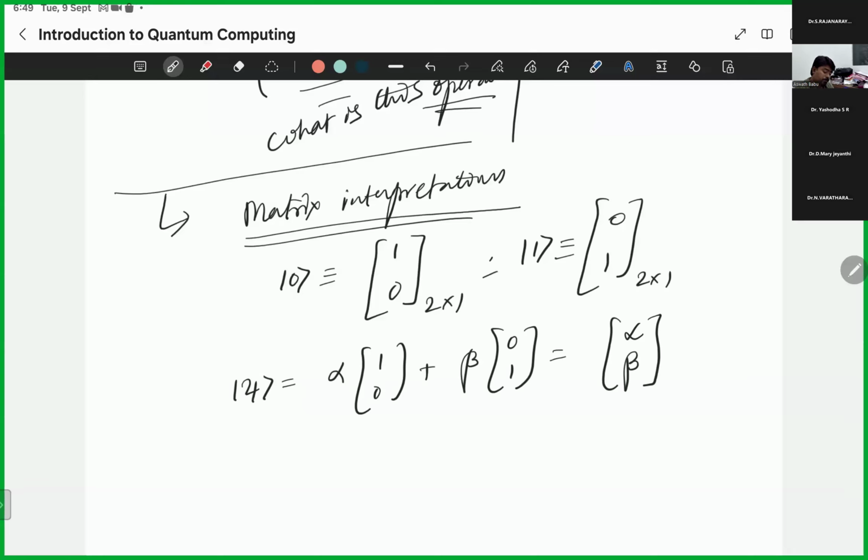Very good. Now the length of the quantum state vector, the square root of alpha squared plus beta squared, is equal to 1.